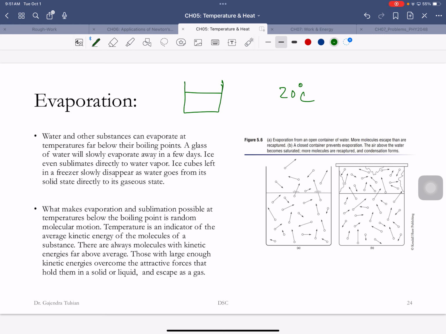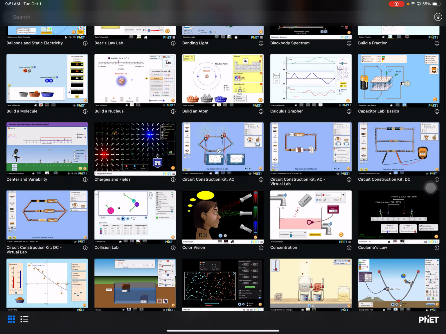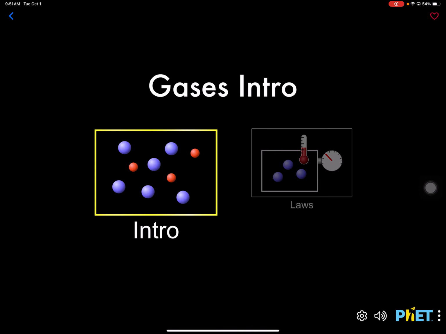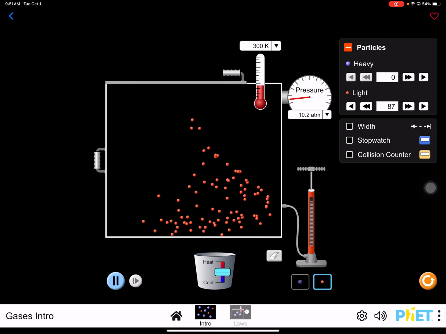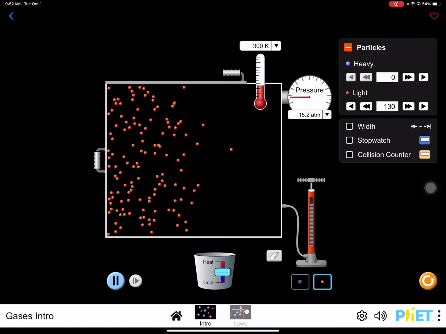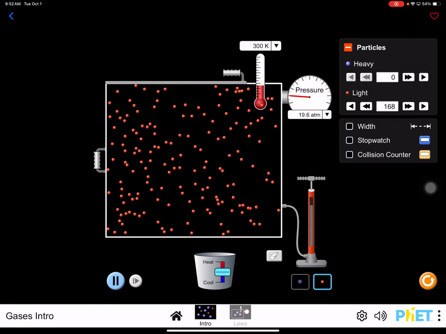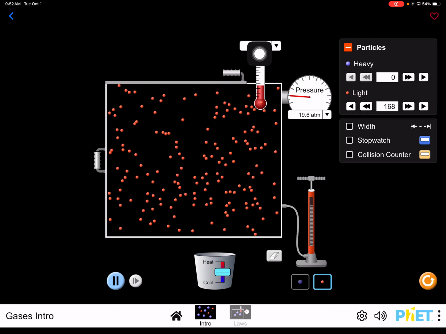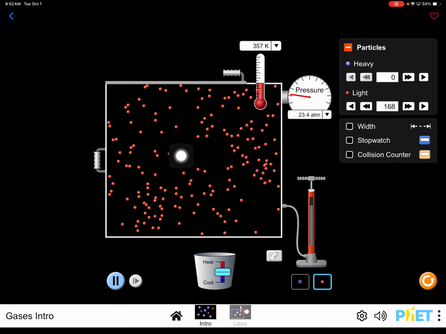So, let's see why it will evaporate. This is important. So let's go back to our gas. You saw that you have a gas, and all these molecules are randomly moving, and they have kinetic energy based on the temperature. And if you warm up the gas, then the molecules move faster.